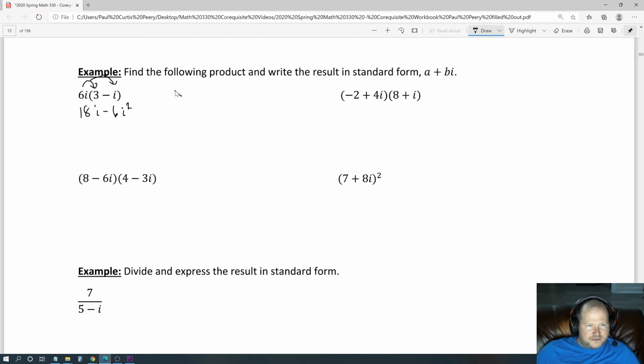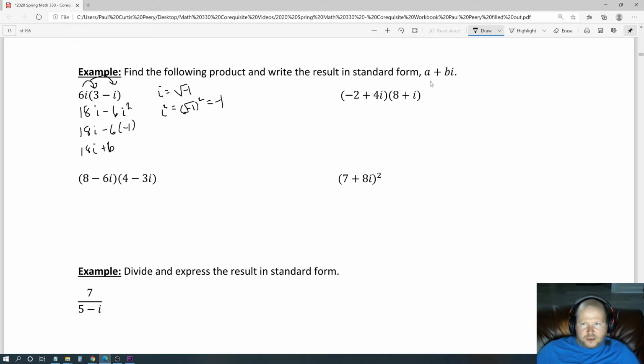And here's where that definition comes in, where i was equal to the square root of -1, which means if you square i, you're really saying that the square root of -1 is being squared, which just gives you a -1. So what we're going to do is substitute in a -1 for the i squared. And then we're going to say 18i, -6 times -1 is +6.